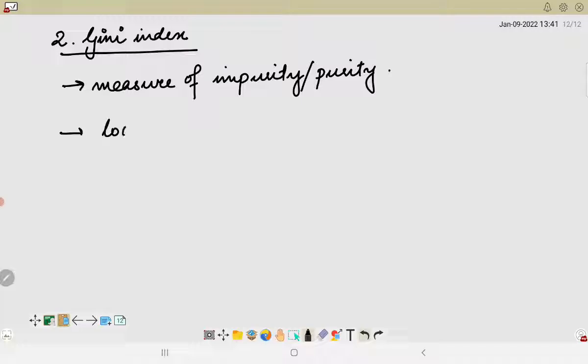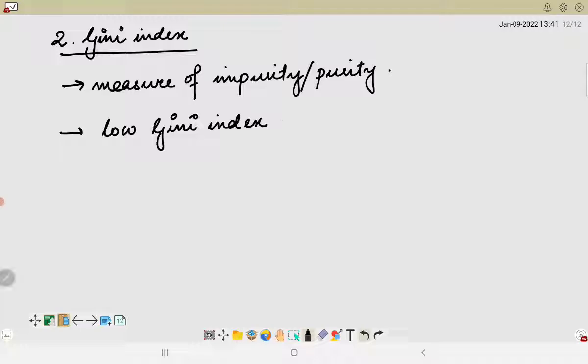If we have a low Gini index, that means lower impurity, it should be utilized in calculating the splitting criteria instead of a higher Gini index.